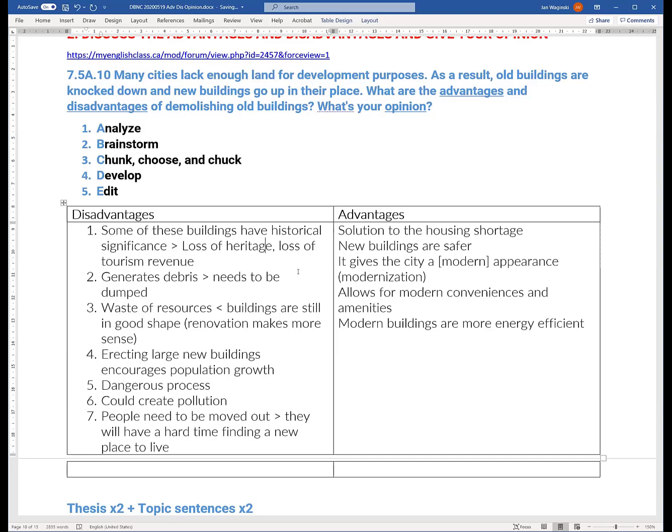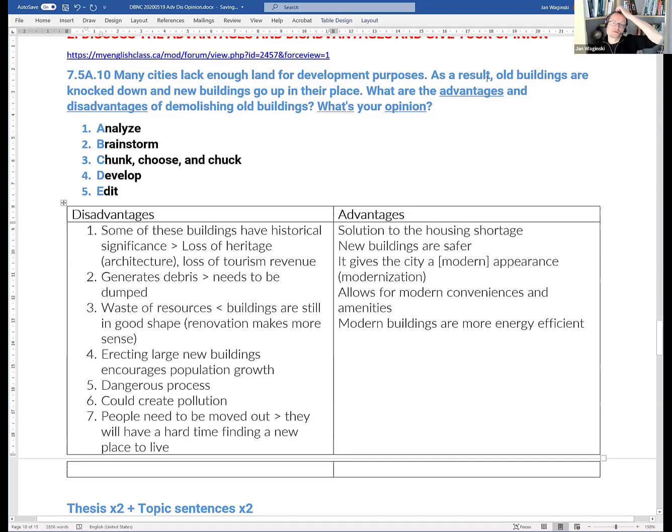But in this case, they don't demolish historical buildings. They demolish buildings where people live. Well, the question's not specific. It just says cities lack enough land for development. As a result, old buildings are knocked down and new buildings go up in their place.